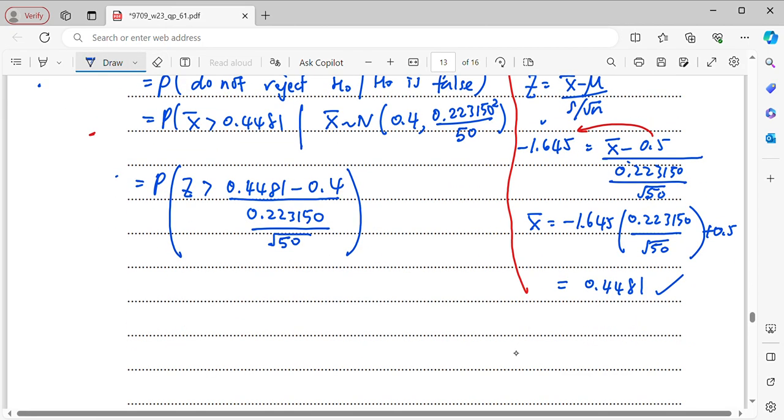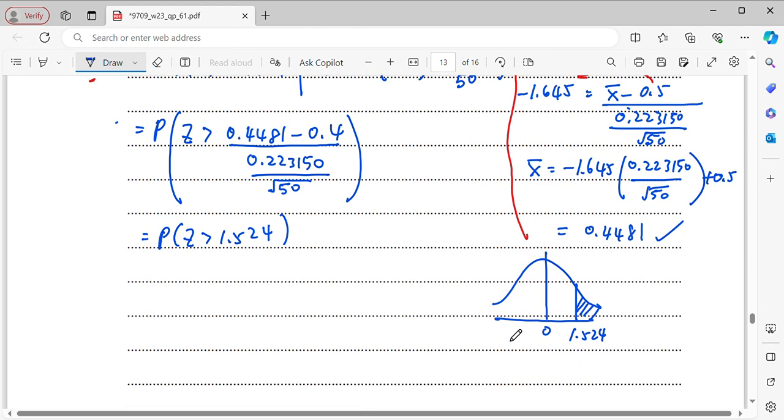Then now here I will be getting P of Z more than 1.524. Okay, when more than 1.524, I will just refer to the normal graph. Here is 1.524, and then the region is towards the right side. So obviously to get this probability, it will be total regions minus P of Z less than 1.524.